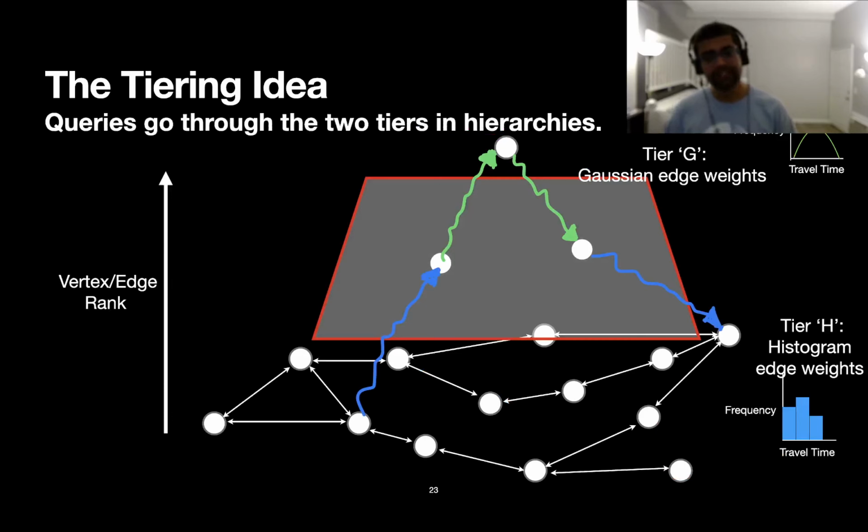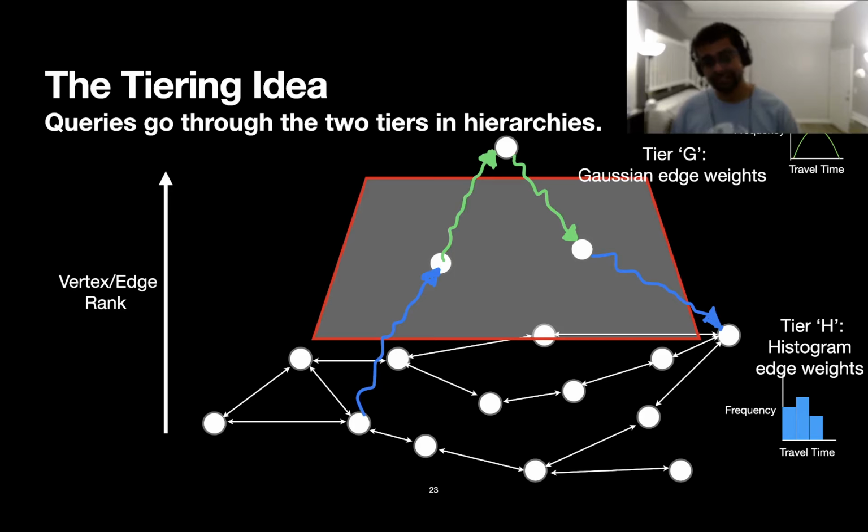Using the tiering technique, we propose uncertain contraction hierarchies and uncertain edge hierarchies, both of which use two tiers. At the lower levels of the hierarchies, we use histograms because they are much more likely to represent the actual distribution more accurately, but they have a higher convolution cost.